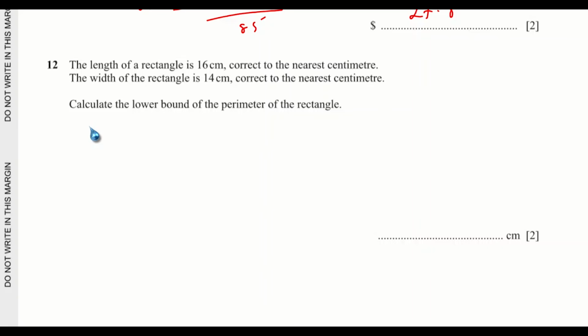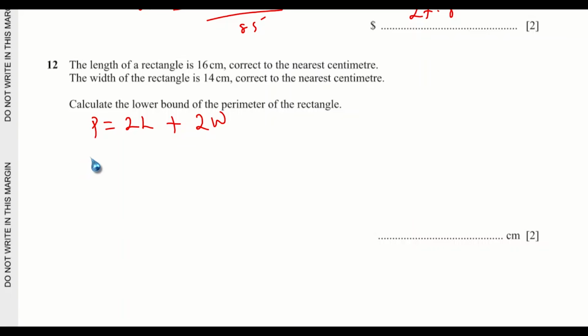Okay, firstly, normally we know that the perimeter of a rectangle is given as 2 length and 2 width. So this is the normal formula for the perimeter of any rectangle. But since we are interested in the lower bound of the perimeter, that means the length should be the lower bound of the length, and the width should be the lower bound of the width.